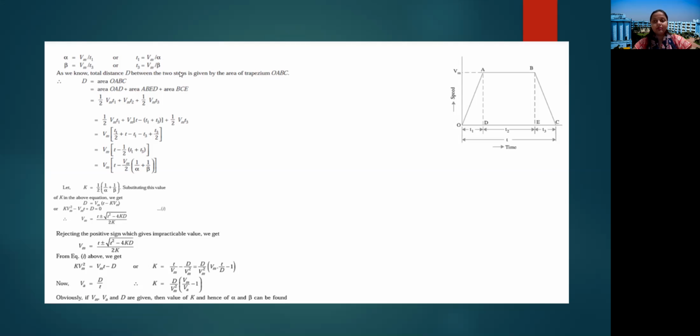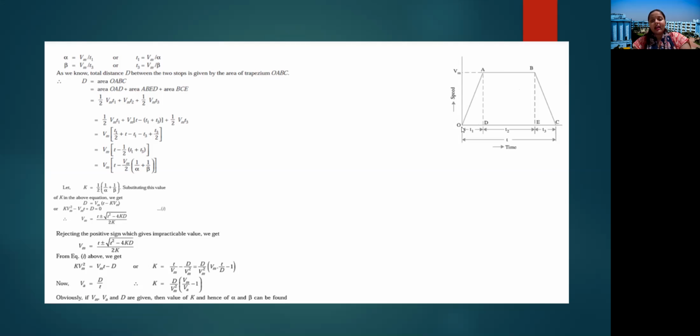Now I have already told you earlier that the area under the speed time curve denotes the total distance traveled by a train. Here this total area is divided into three different parts.